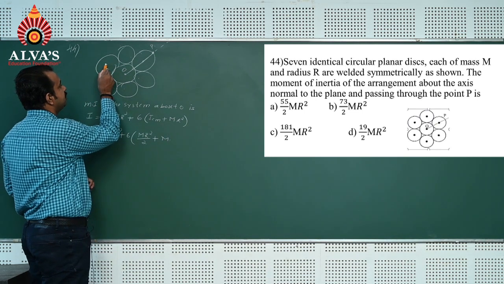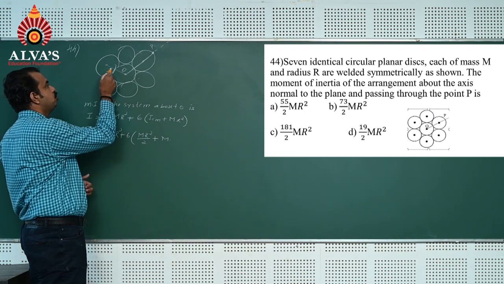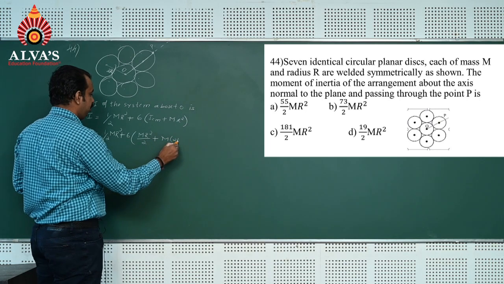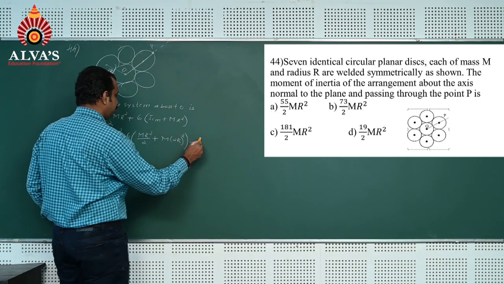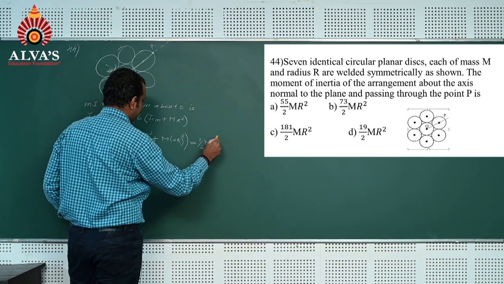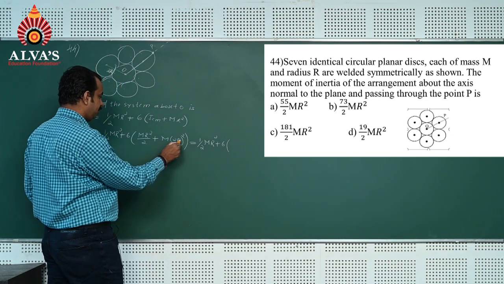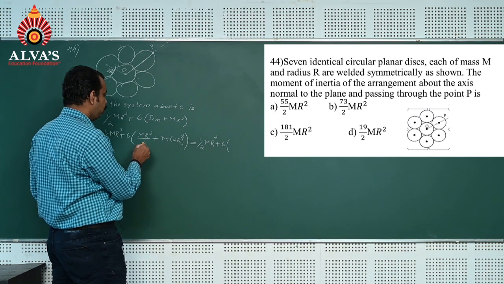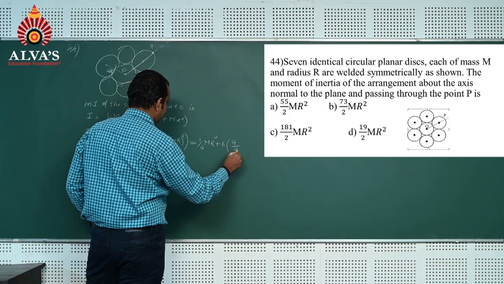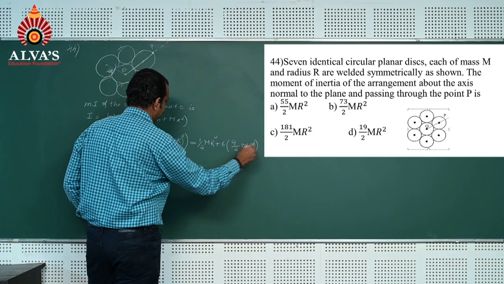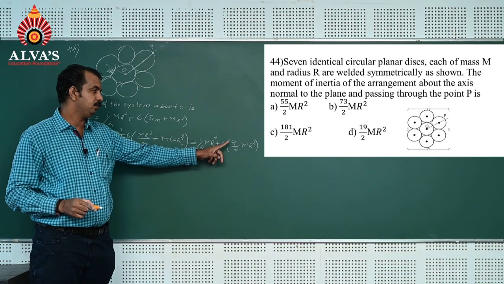For example, the moment of inertia of this disc about this axis, at a distance 2r, means x must be 2r, whole square. That is equal to 1 by 2 m r square plus 6 into 4 m r square, which is 8 plus 1, 9 by 2 m r square. That means the moment of inertia is equal to 6 into 9, 54.